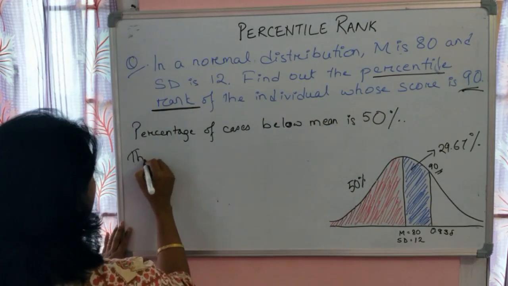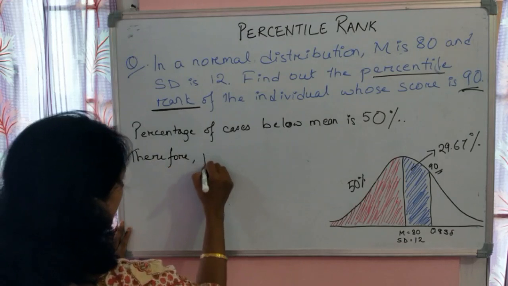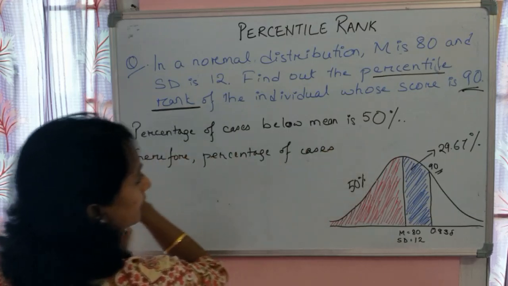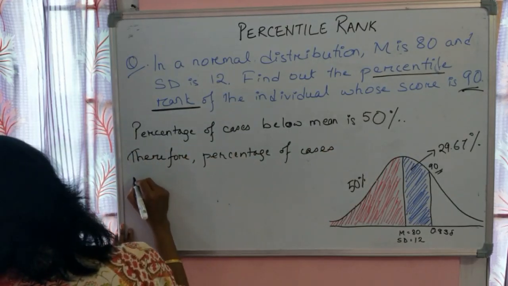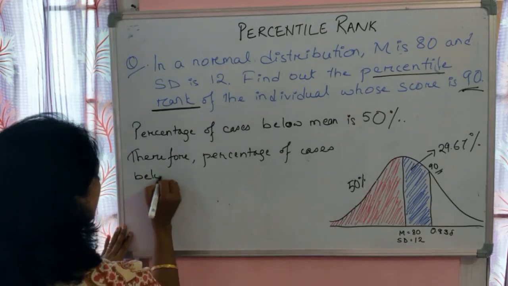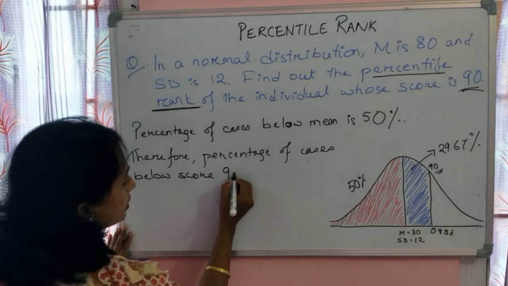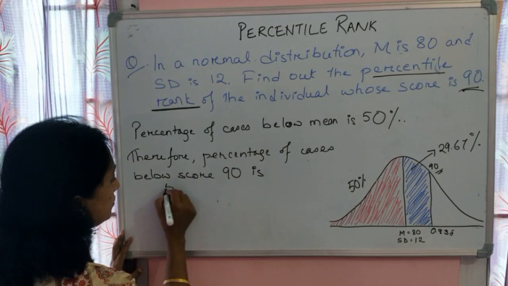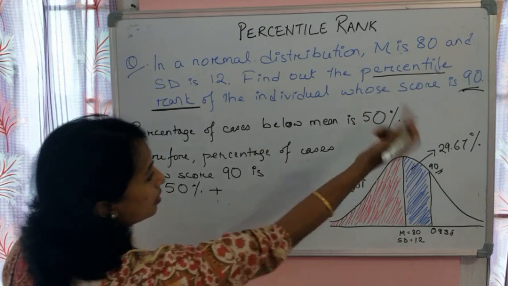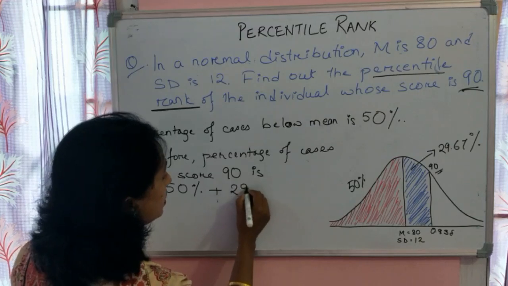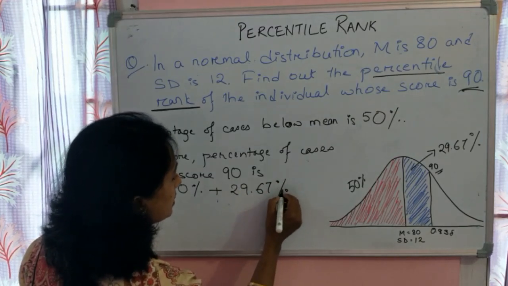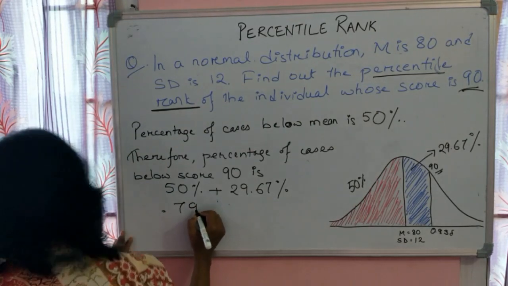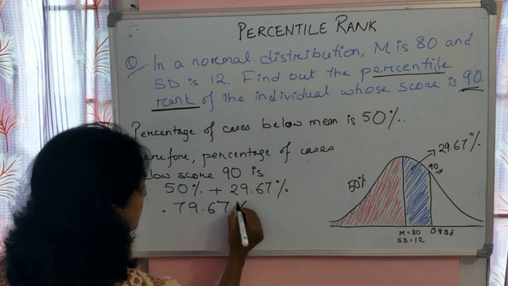Therefore, percentage of cases below score 90 is 50% plus, previously we already calculated, 29.67%, is equal to how much? 79.67%.